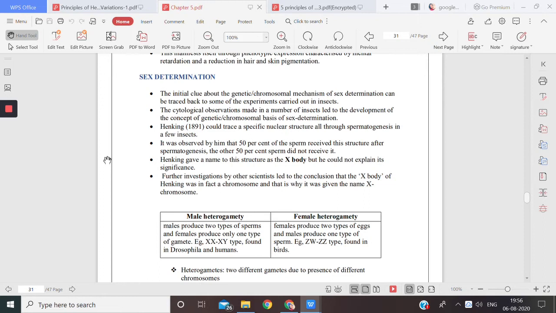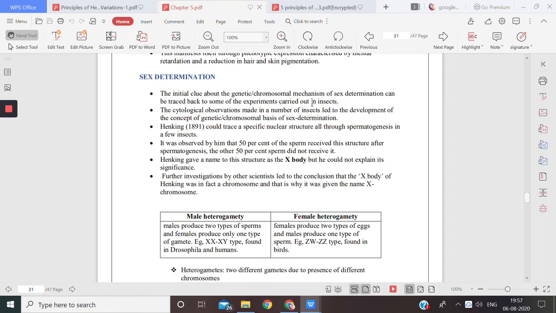Now let's see what we are supposed to add to the knowledge that we already have. Children, you see the first point: the initial clue about the genetic or chromosomal mechanism of sex determination can be traced back to some of the experiments carried out in insects.